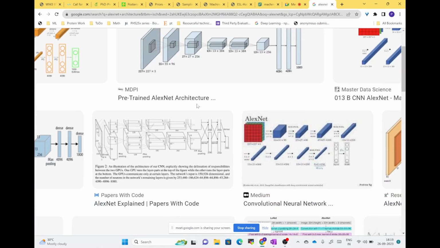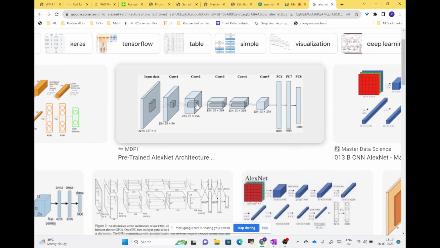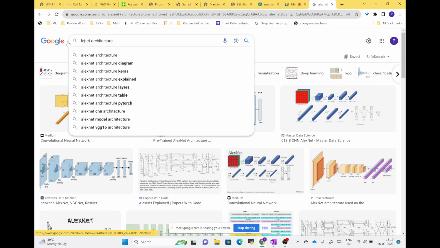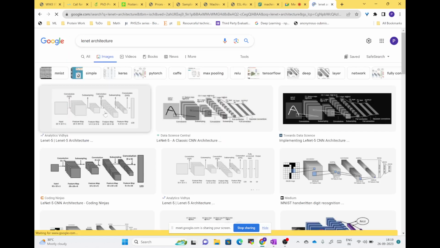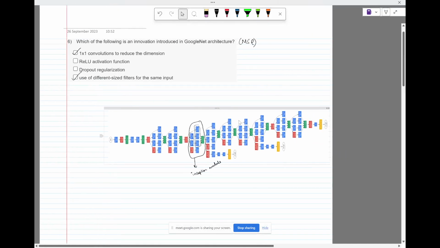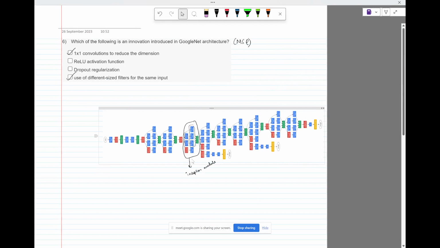And if you look at LeNet, I think that also has the same kind of thing. You have 5x5 convolution, again 5x5 convolution, one after the other. So this was something different that was done by the Google team.